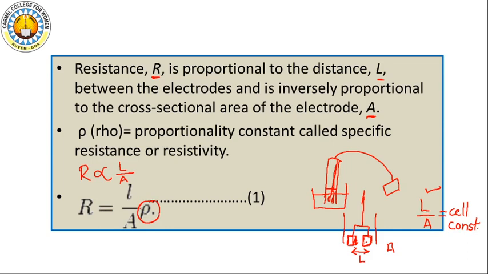This constant is the proportionality constant, which is called specific resistance or resistivity. The symbol is rho, and it is a proportionality constant.